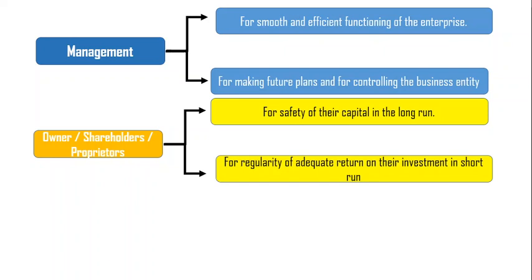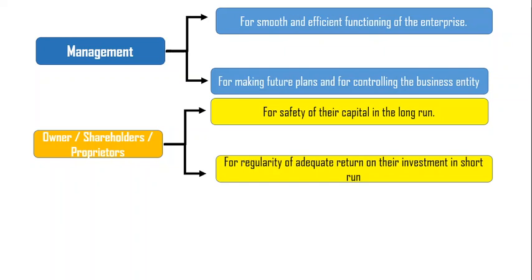But if I talk about a partnership or a company, many investors are there. So the investors who have invested are partial owners of the business. Now for their investment, they need to know what returns they are going to get, whether they are going to get returns regularly, and what amount of returns they are going to get.